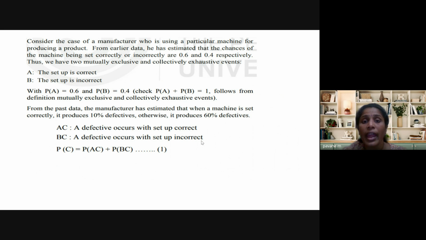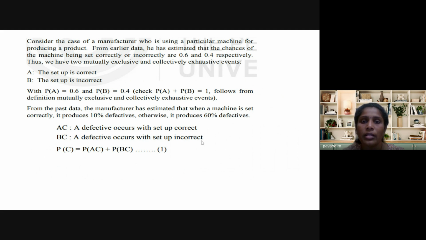Here, A means setting that machine correctly, that is P of A, and event B means setting that machine incorrectly. Because when you are setting the machine correctly, you can't expect the machine to be incorrect, right? So that's why correct and incorrect are mutually exclusive.